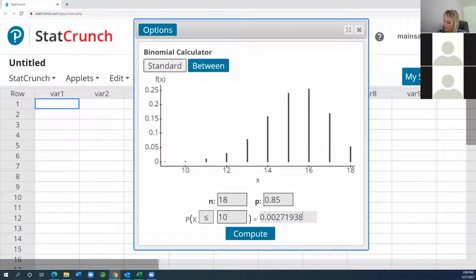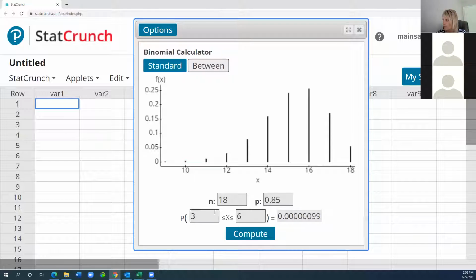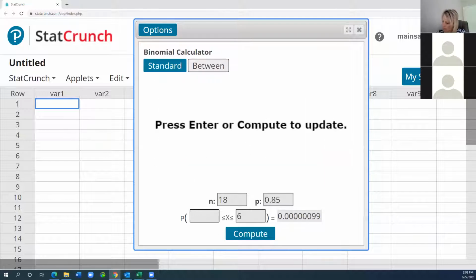Okay, and then part D is an in between. So we're going to click on between, and then it gives me the two between markers. So we're between 12 and 15.